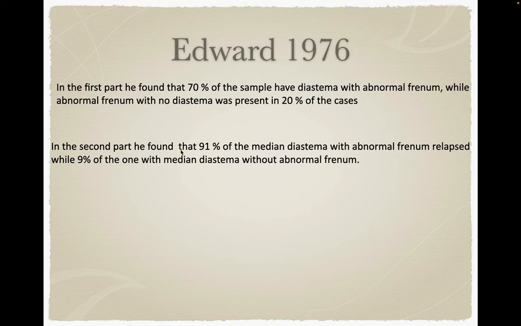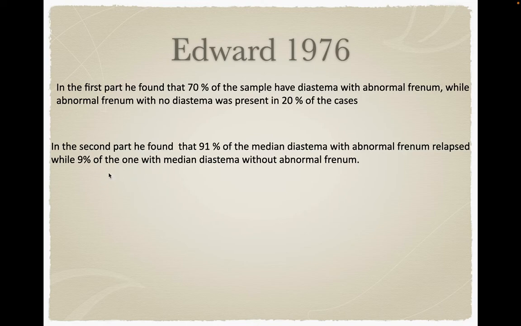In the second part of the study, he found that 91% of the median diastema with abnormal frenum relapsed. So, for example, let's assume that he did 100 treatments of median diastema and they have an abnormal frenum. In 91 patients, the median diastema reopened, which means a high relapse.